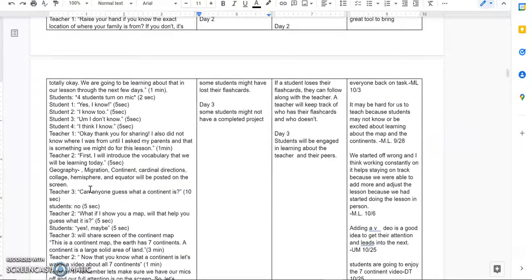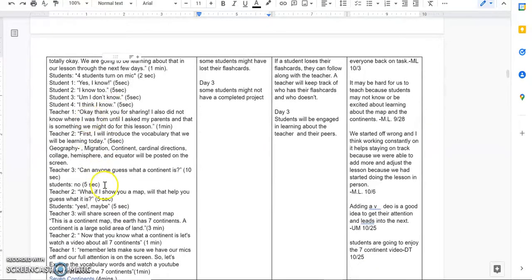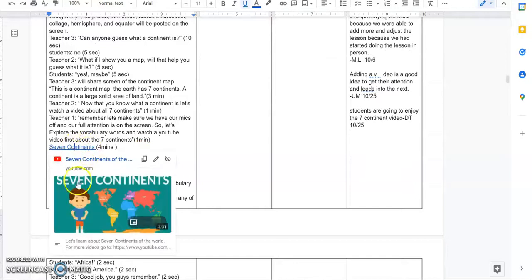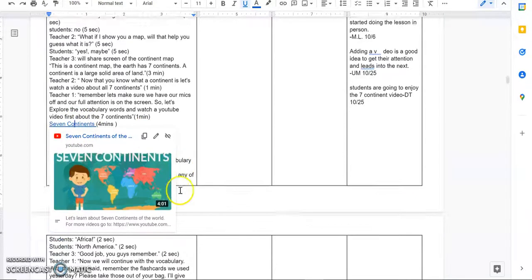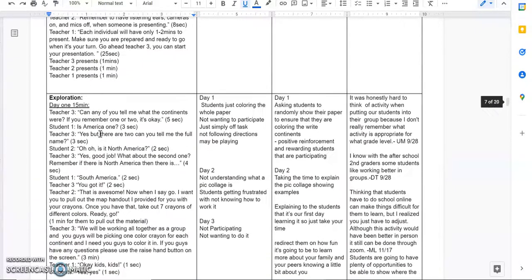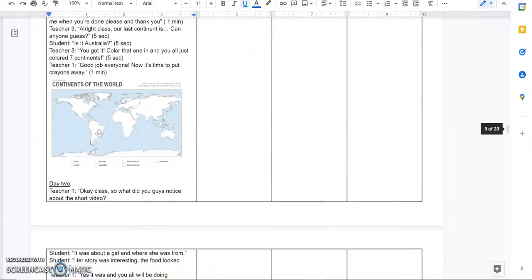So like I said, day 1 is basically going over some vocabulary. We're going to watch a video about the 7 continents, and this leads them into their next step of doing a map diagram.